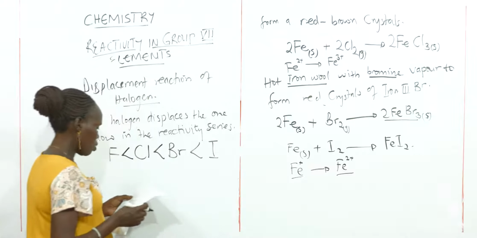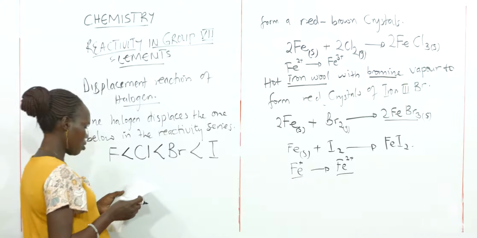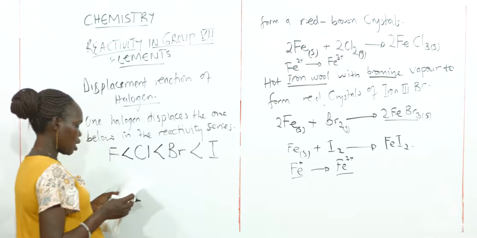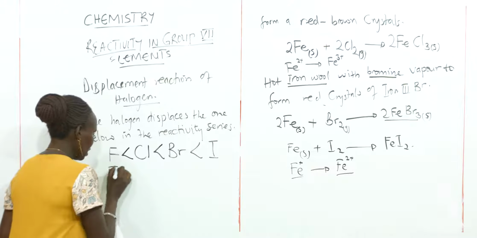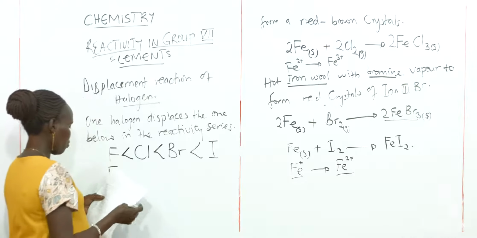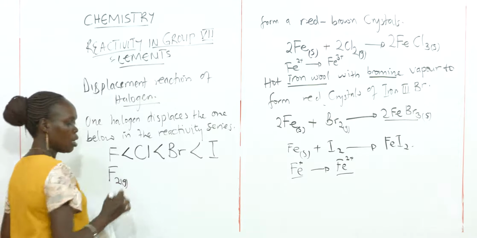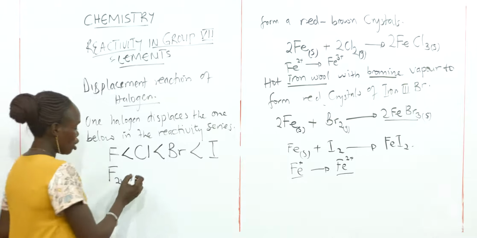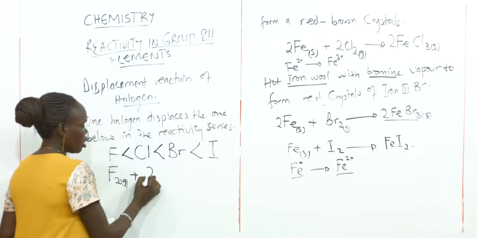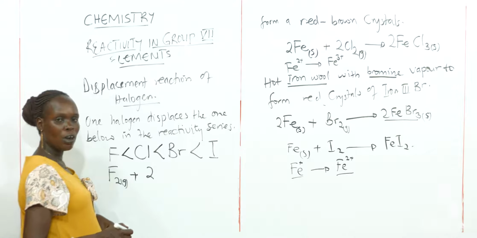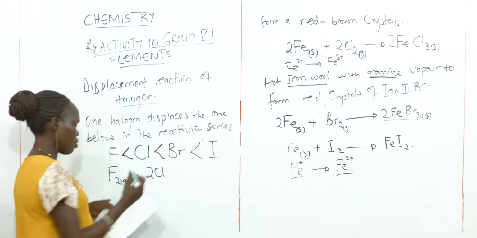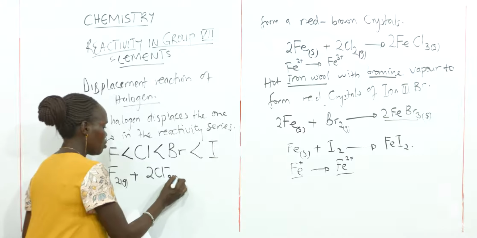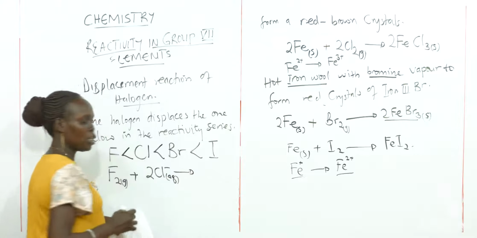So fluorine will displace chlorine from its halide solution, while bromine displaces iodine from its aqueous solution. We are going to represent it in this way. Fluorine gas, which is a diatomic molecule, plus a halide solution of chloride. It means it may have potassium or sodium combining to form an aqueous solution.